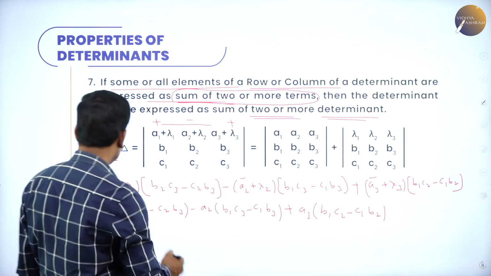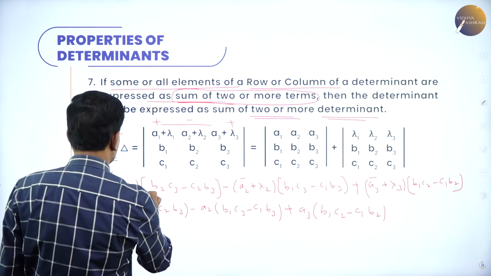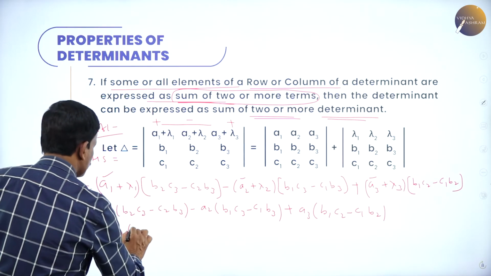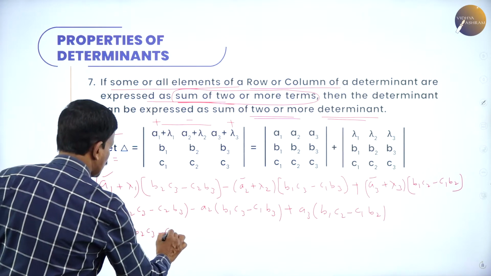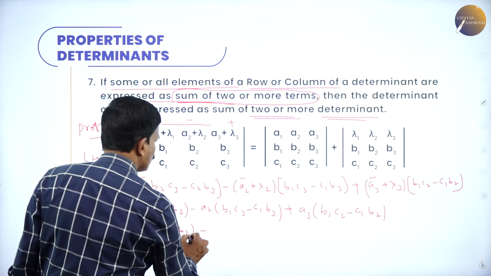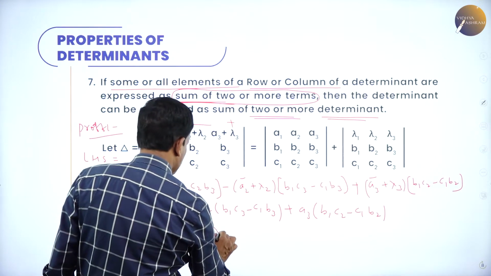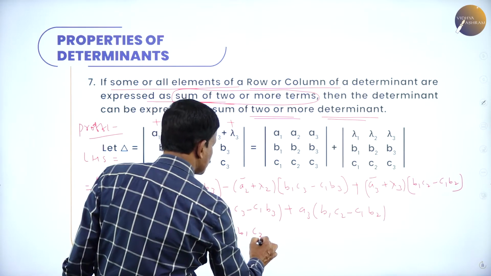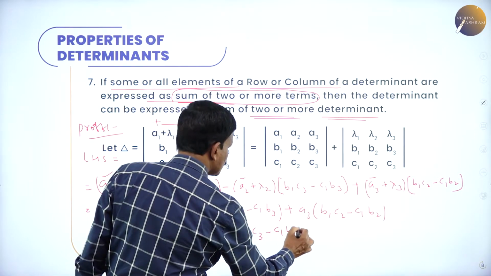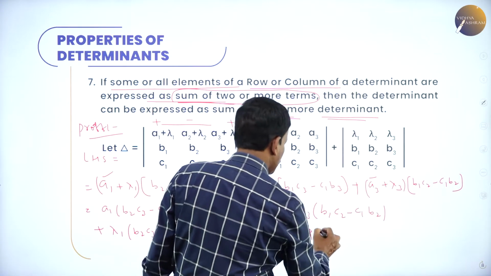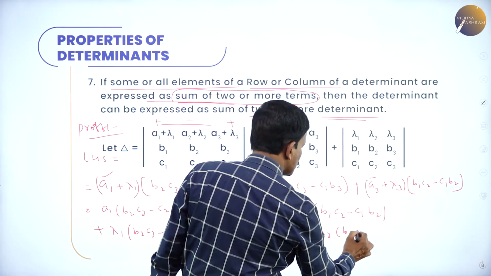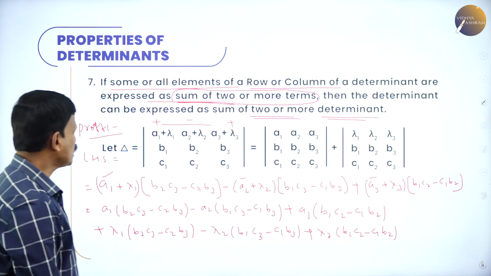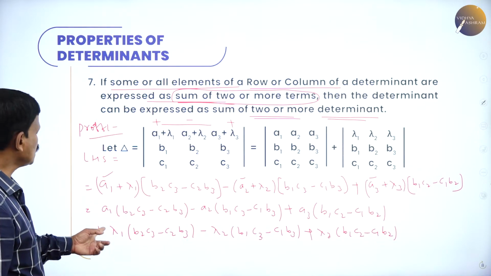On the other hand, let us take here lambda 1 into the same b2 c3 minus c2 b3, minus lambda 2 into the same elements b1 c3 minus c1 b3, plus lambda 3 into b1 c2 minus c1 b2. Now if you observe carefully, this is nothing but the expansion.